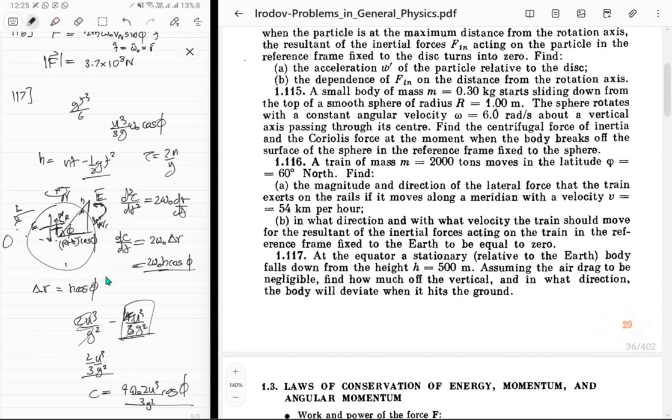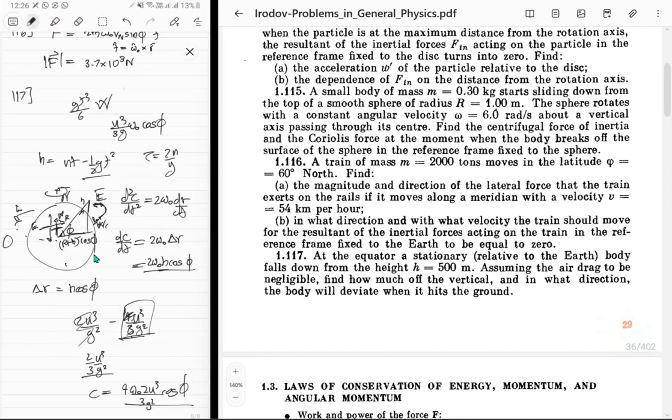The whole thing would be 2u upon g. Now it's supposed to be u upon g, where u is the final velocity. So in fact, we don't even want u. Well, at least now we know that it's going to go to the west, right?